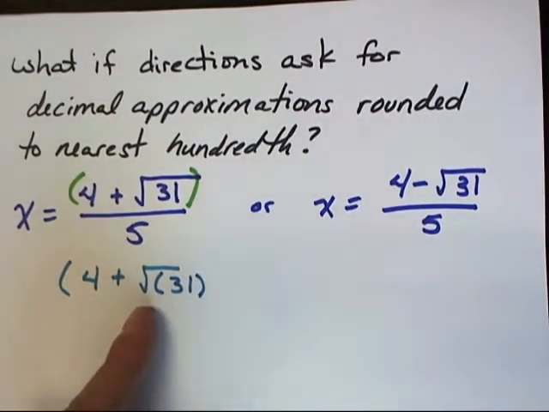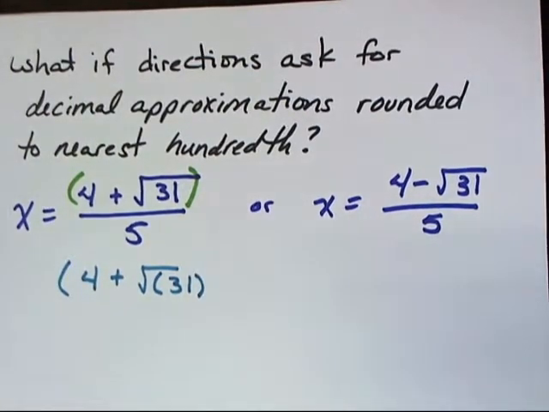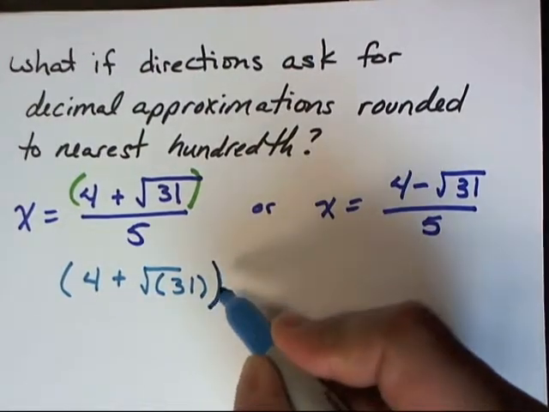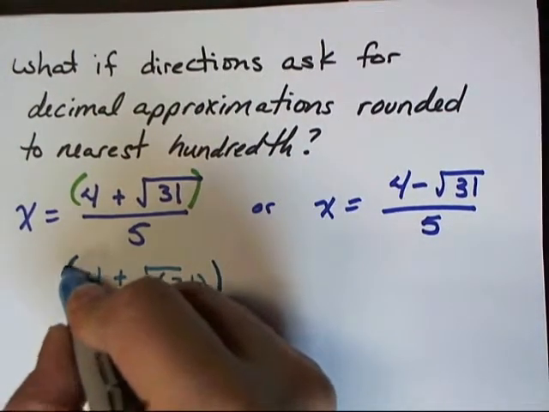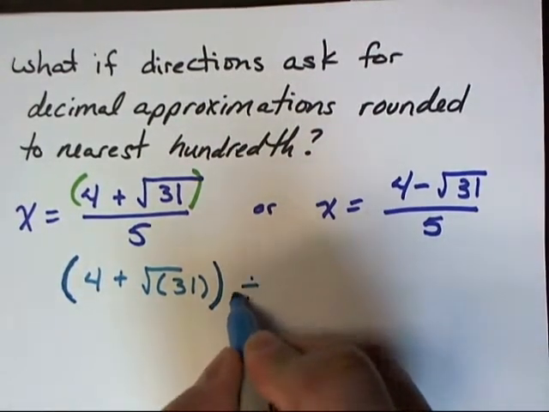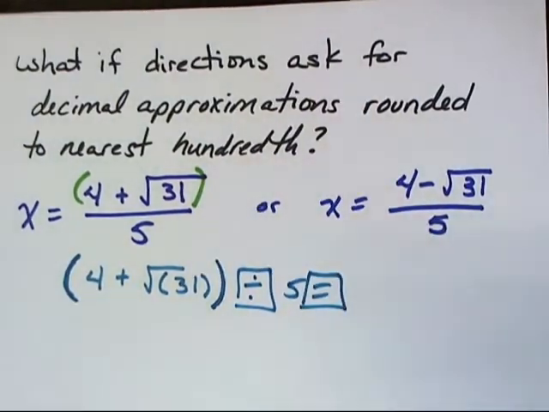That parenthesis that was underneath there opened up the square root. This parenthesis closes the square root. You would then have to include another parenthesis to close out this entire top. And then you could type in divide by 5 and your equals.